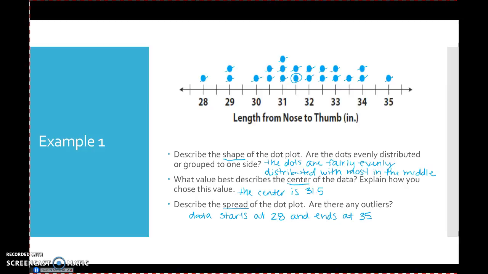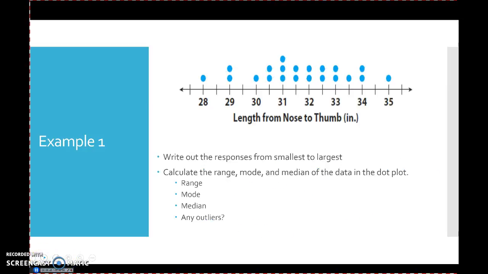So the range is the distance between the two. So 35 minus 28. So let's see, 35 minus 30 is 5, and then 2 more, so it's going to be 7. So the range is 7. Okay, so let's keep looking.